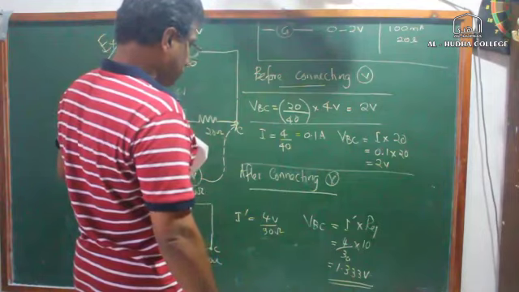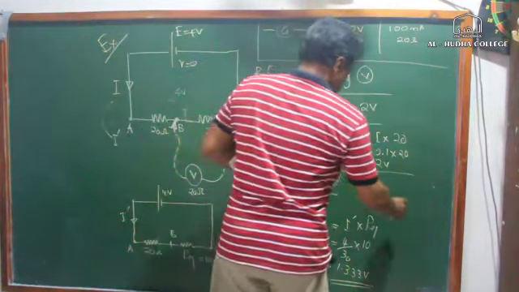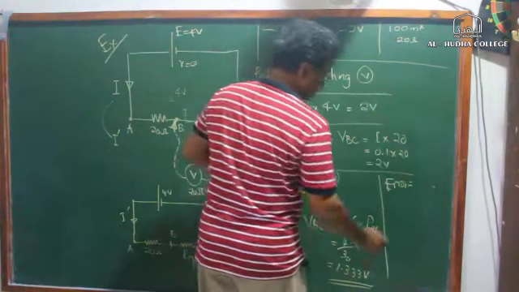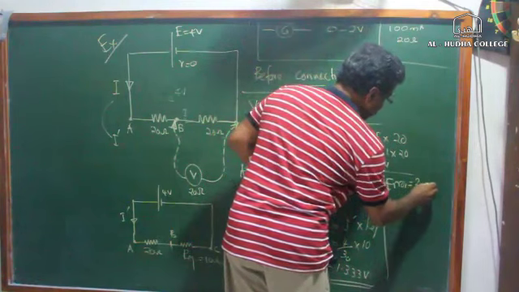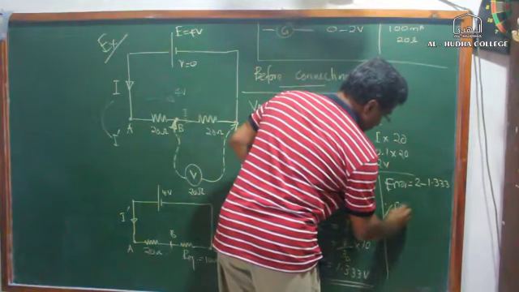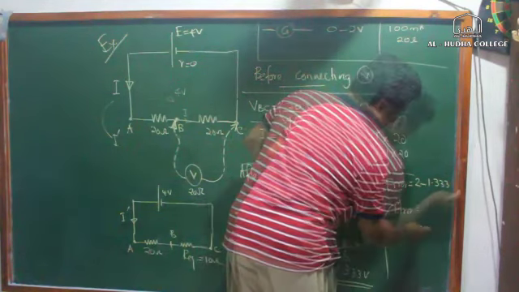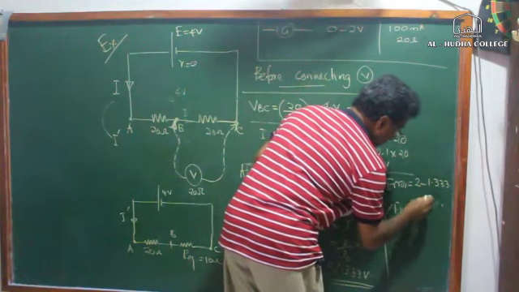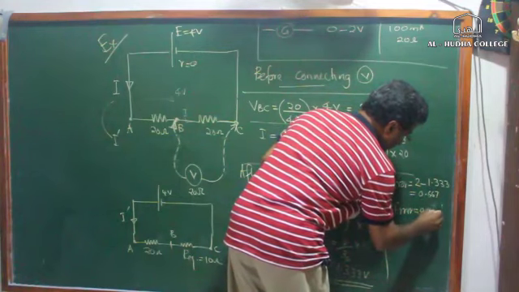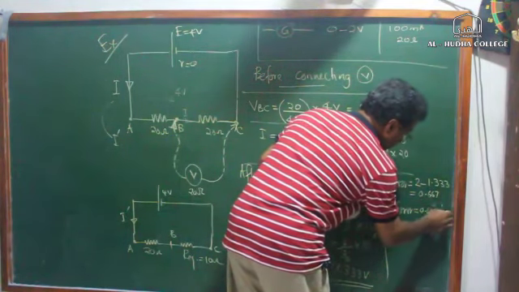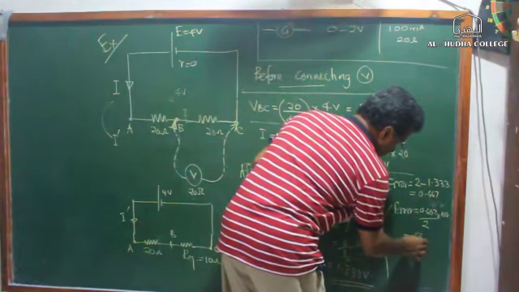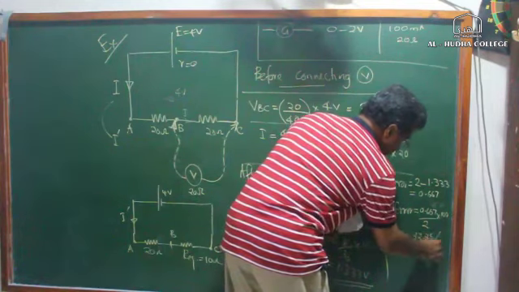So we have to calculate the error now. We wanted to have 2 volts, but what we got is 1.333. Therefore the percentage error is, write the equation, 0.667 is for 2 volts, and for 100, that is 100%, it comes to about 33.35%.